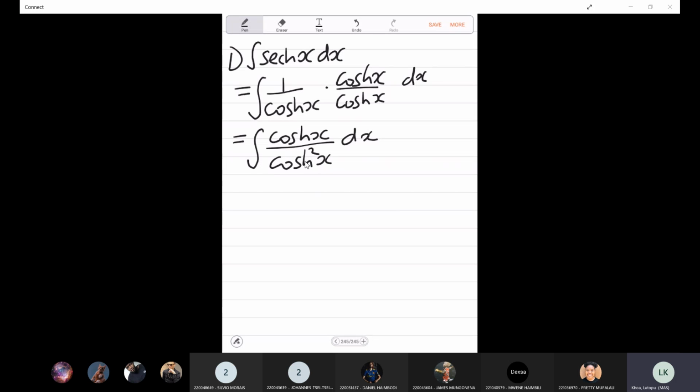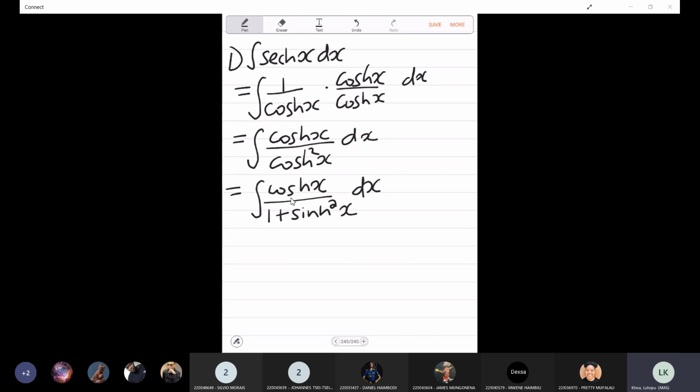So if you make the hyperbolic cos squared the subject of the formula, you get the integral of cos hyperbolic x over 1 plus sine hyperbolic squared of x dx. So you can see here I have 1 plus something squared, and the derivative of that something is what I have in the numerator. So I need to use tan inverse.